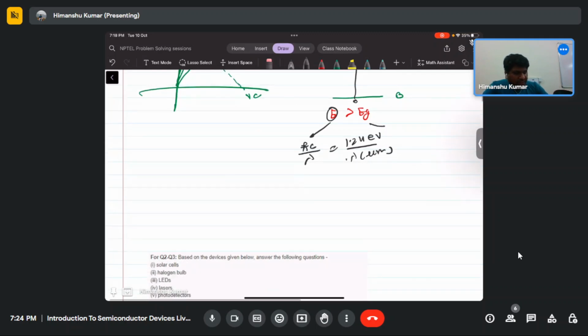Suppose for silicon the band gap is 1.1 electron volt.